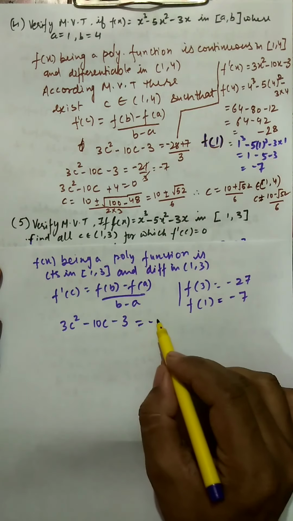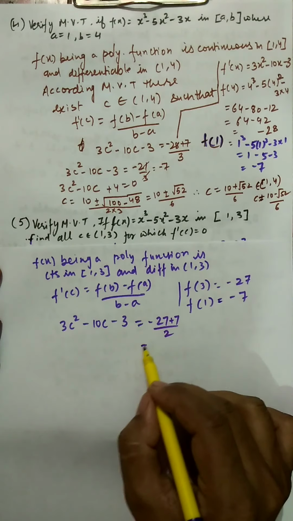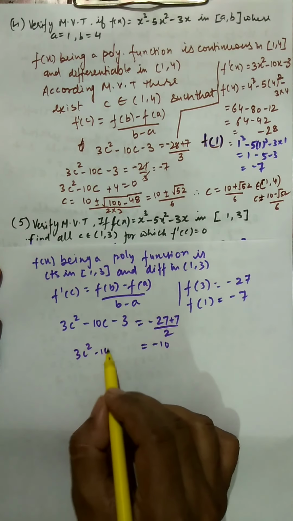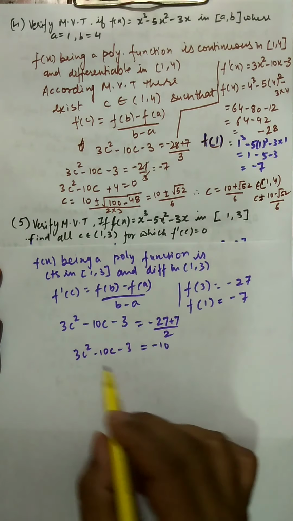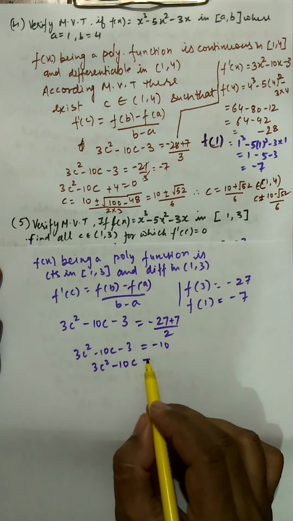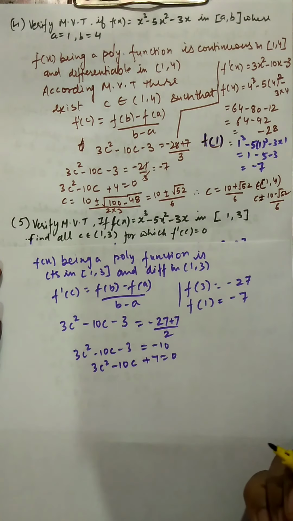So this is minus 27 plus 7 upon 2, so this is going to be minus 10, and this is 3c square minus 10c minus 3. So 3c square minus 10c, and this will become plus 7 equal to 0, and from here you can get the value of c.